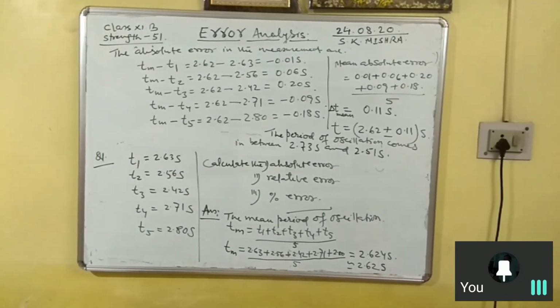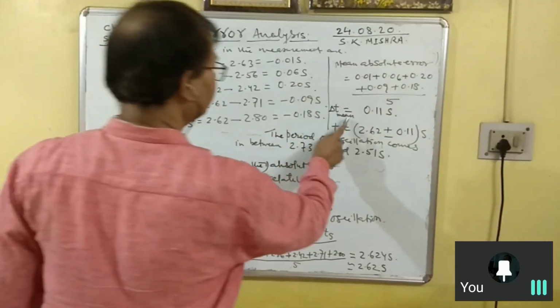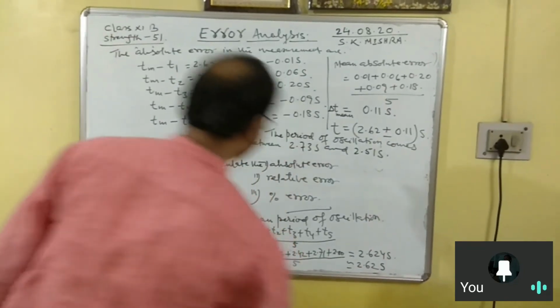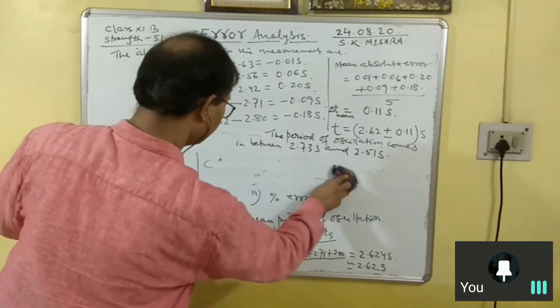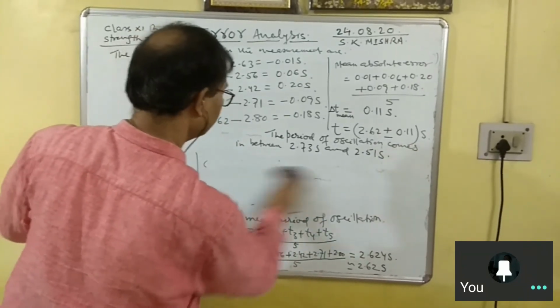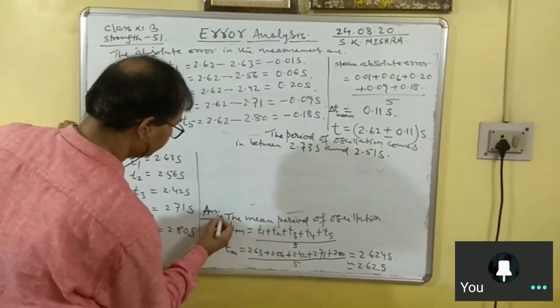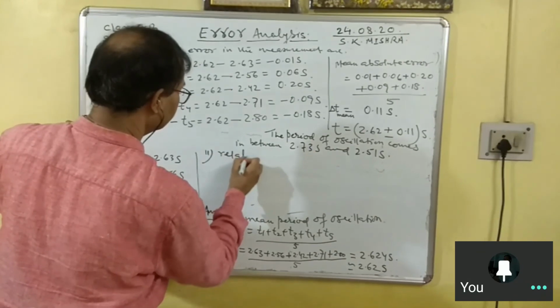Now to find the relative error, what to do? You have to just divide it. Relative error is this delta T mean divided by T mean. So that ratio is the relative error.